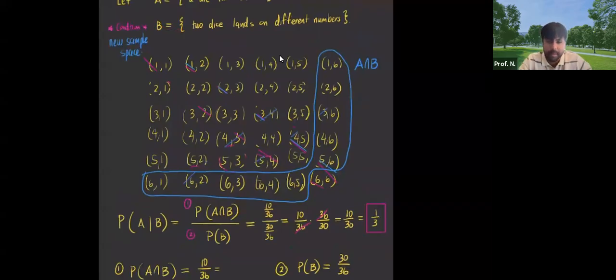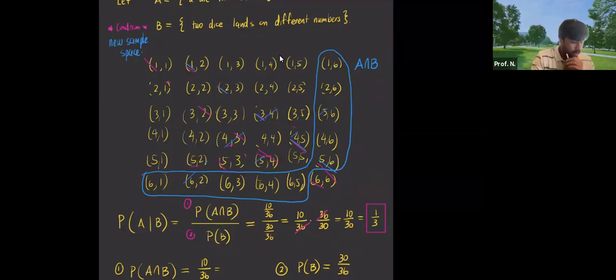Does everybody see that? So you can also find the conditional probability that way, by considering the conditional event as my new sample space. Does that make sense? Yes, no, maybe so. Yeah, so it makes more sense now. Okay, so there are different ways to think about probability, especially conditional probability.